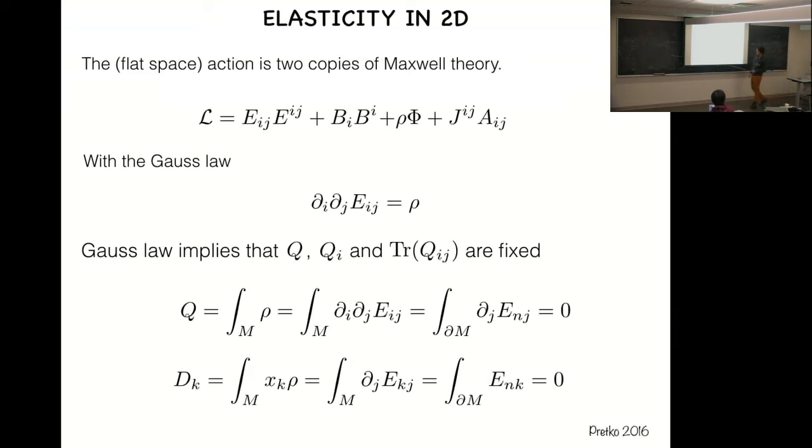But what's more interesting is that the dipole moment also satisfies a similar constraint. If I integrate x times rho and use the Gauss law, I find that the dipole moment in the small ball M also is zero, or in other words, can only flow through the boundary of the ball, and cannot appear spontaneously out of nowhere.